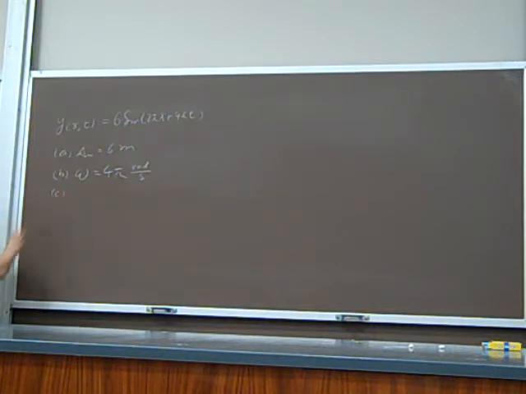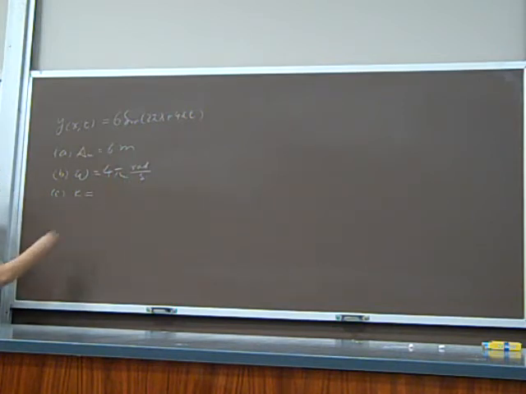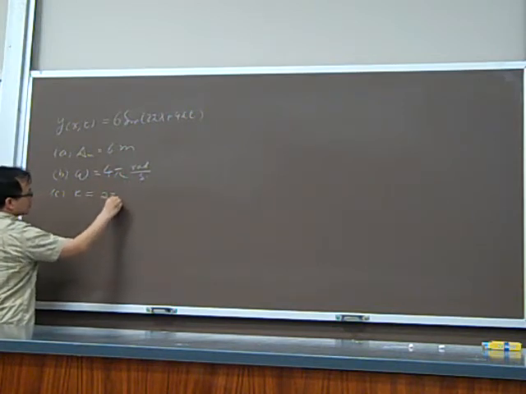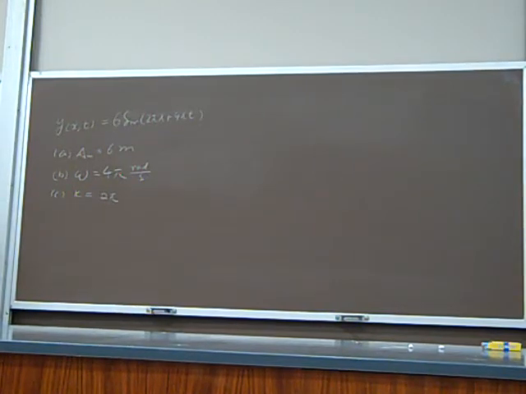And C, what's the quantity we are calculating? Wave number. What is wave number? Is that k? k equals to what? 2 pi. Okay. The unit for the wave number is not radians per second.